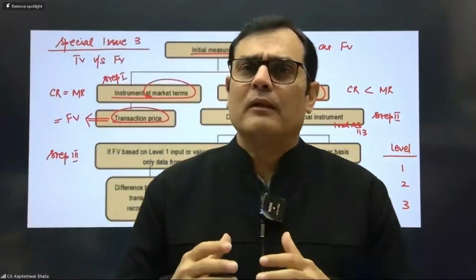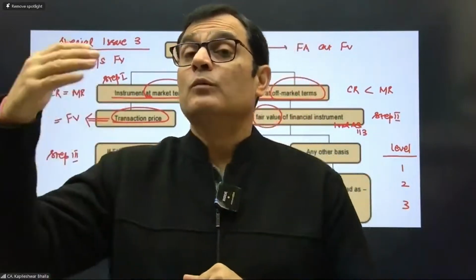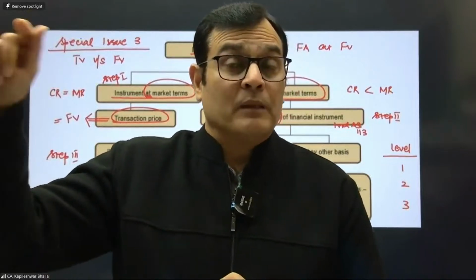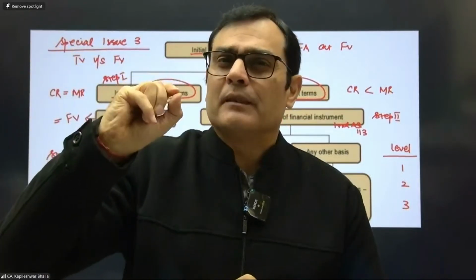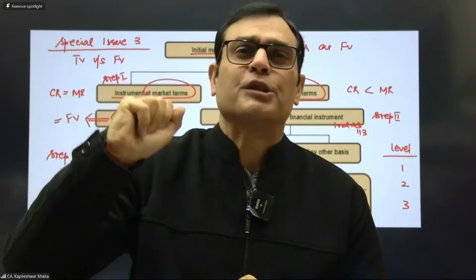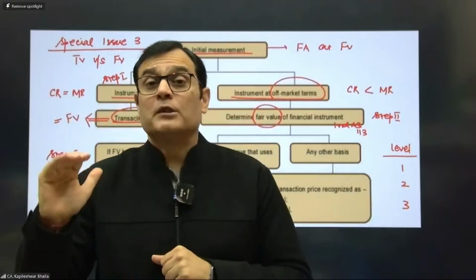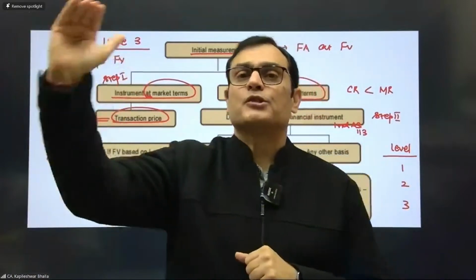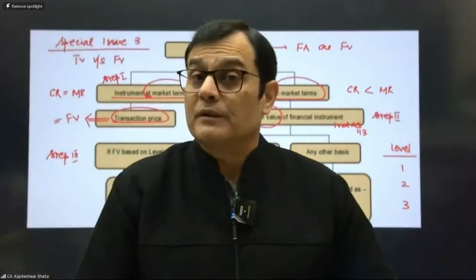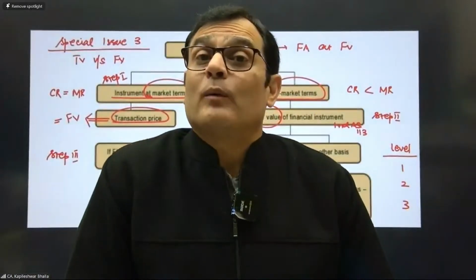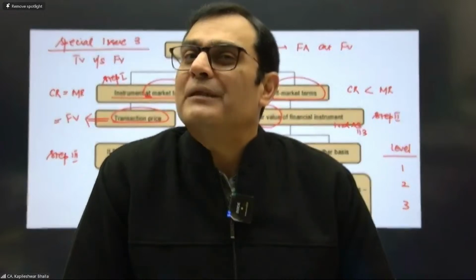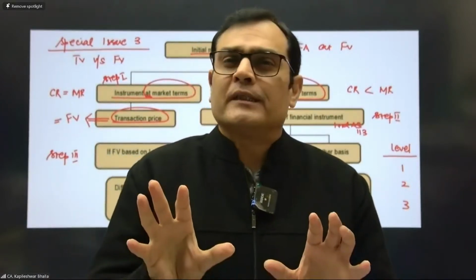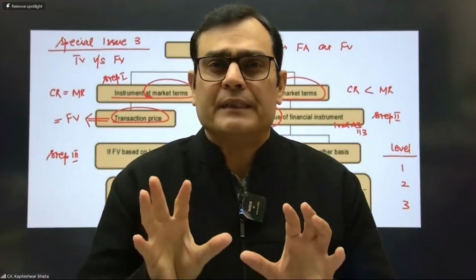But let's say, for example, I made an investment in a company which is not quoted on the stock exchange. But I identify that a similar company is quoted on a stock exchange. So the company in which I made an investment is not quoted, but a similar company is quoted in the market. I could consider the fair value of that other, identical company, and then make some adjustments to get the fair value of the investment I made.